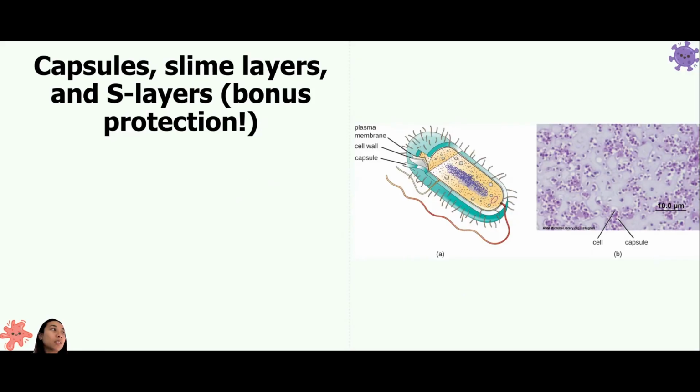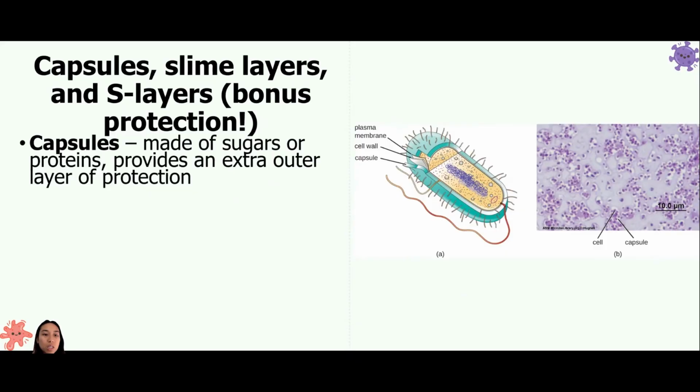But guess what? Some bacteria have even more bonus protection. And I'm only going to talk about a few extra things. So one is capsules. And by the way, this is bonus, meaning that not all bacteria produce this. And actually, even in a specific type of bacteria, sometimes they'll produce it, sometimes they won't, just depending on their environment or how they're feeling.